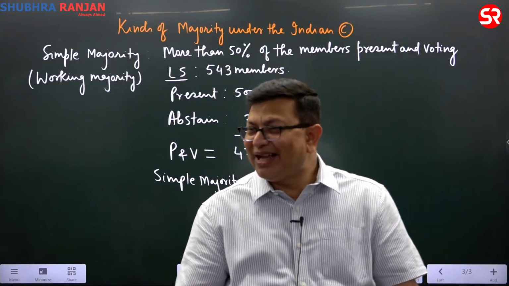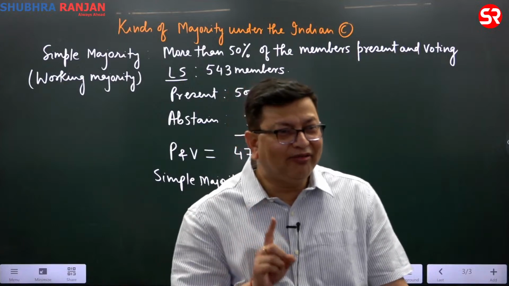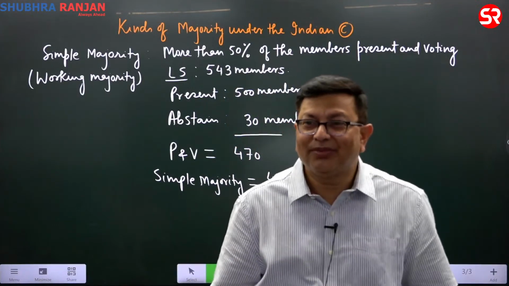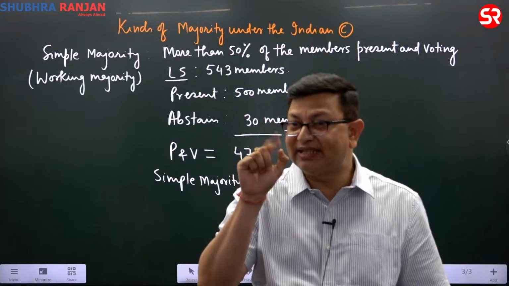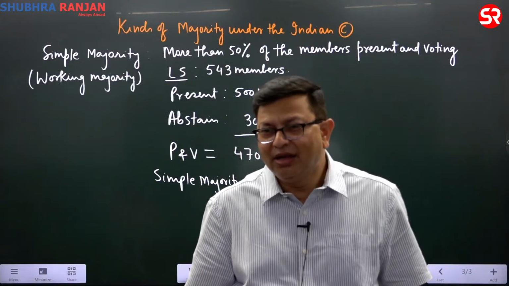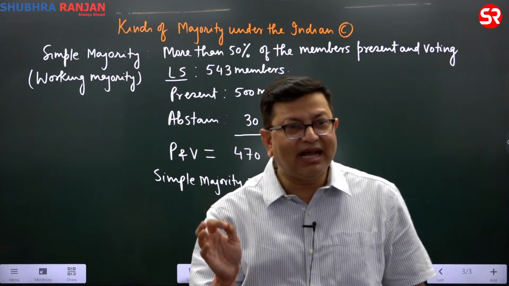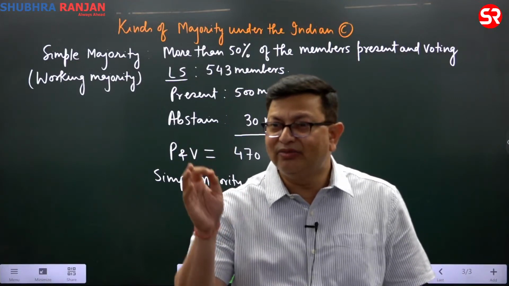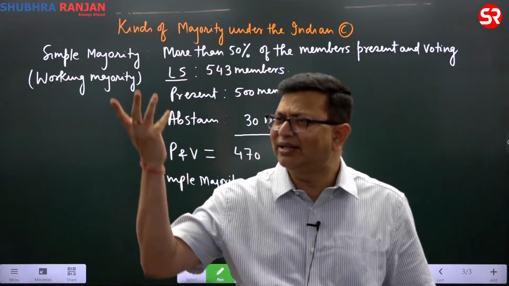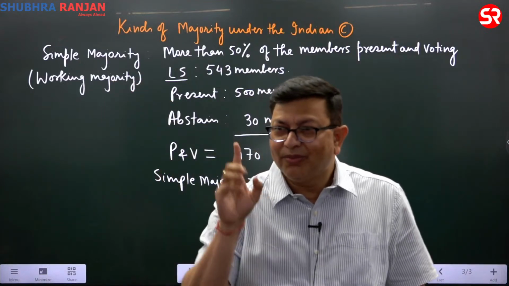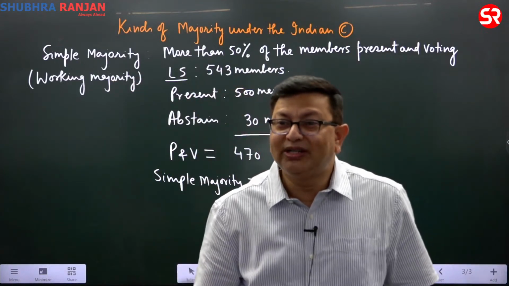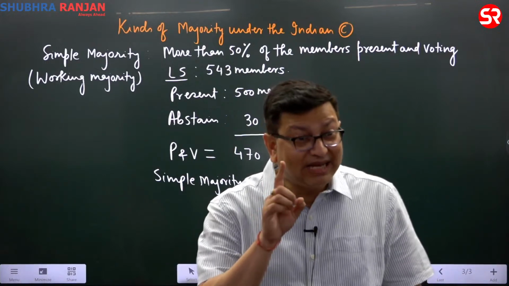So, if I ask how many of you want a holiday tomorrow, 5 of you out of 65 will say, sir, we will not take part in such type of voting. If there will be class, we will come. Otherwise, we will not come. So, 5 of you, what you did? You abstain.